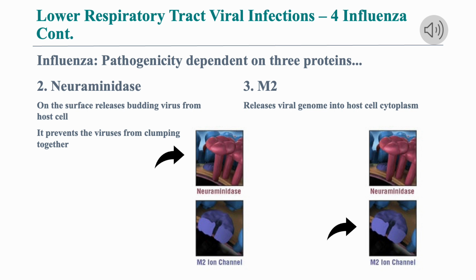The third protein, M2, releases the viral genome into the host cell cytoplasm. Both of these proteins are depicted on this picture. The neuraminidase is on the top, the pink one, and M2 is on the bottom, depicted as an M2 ion channel, and it's purple.